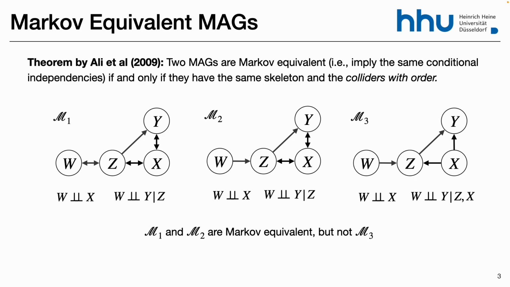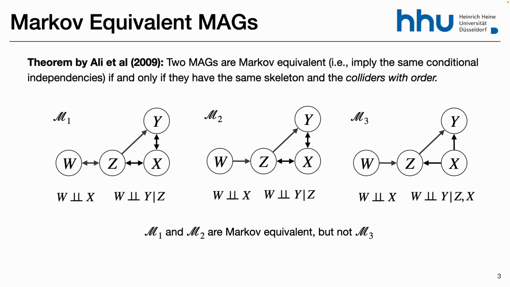So we need a different notion of collider to discriminate the class of the MAGs. You see that in the second graph, X is going to be a collider with order, because X could be learned as a collider after conditioning on Z. You remember, right?